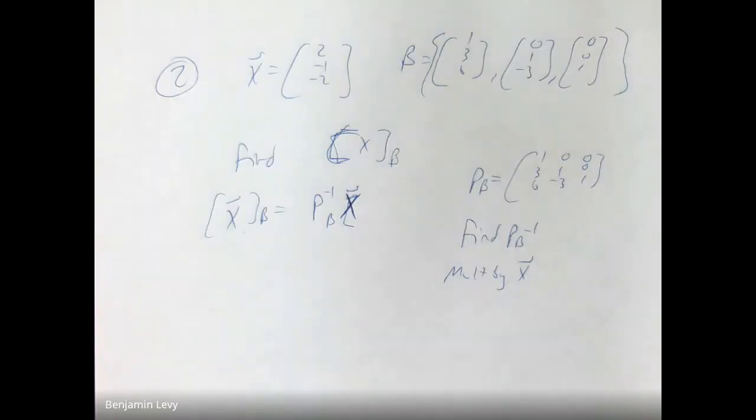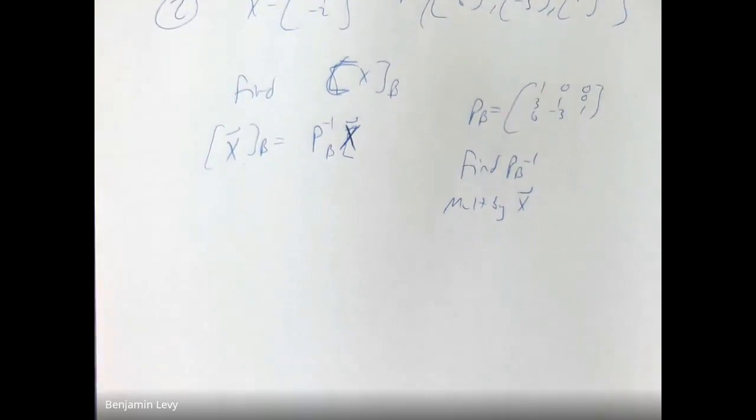Yeah, not exactly. The way that I've been solving these problems is just by taking B, the matrix B, and putting it in an augmented matrix with X, and that has always given me X sub B. Yeah, that's fine too, right?